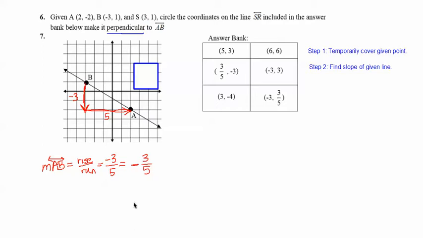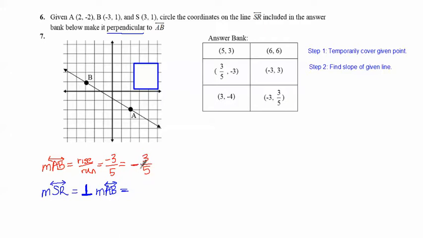Alright, once we have found the slope of our given original line, we don't need these markings anymore. We can get rid of those because now we need to find the slope of line SR, which we know is going to equal the perpendicular to the slope of the line that we just found. And we know that perpendicular slopes are negative reciprocals of each other.